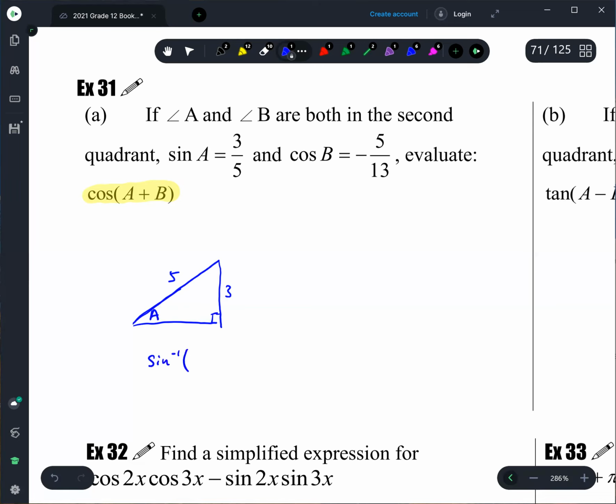Sine inverse 3/5 can give you A. If you do that, is that a nice angle, like exact numbers? Is 3/5 a special angle?